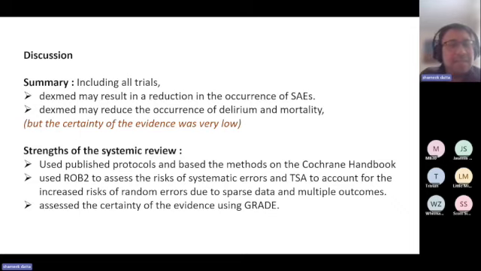But this review did have some strengths, like they used very well published protocols from the Cochrane handbook. They used the trial sequential analysis to account for any increased risks of random errors. They tried to assess the certainty of evidence using GRADE.